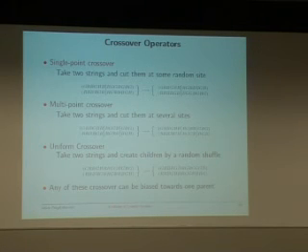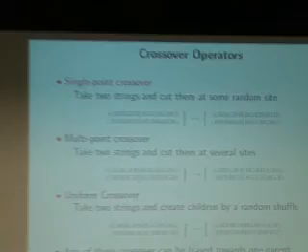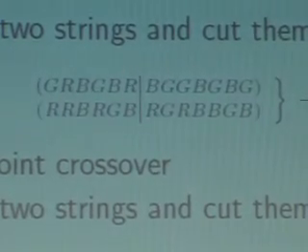I should say there's different ways of doing crossover. If you have string representation, you can think of just cutting these strings at a particular place and then swapping either half.